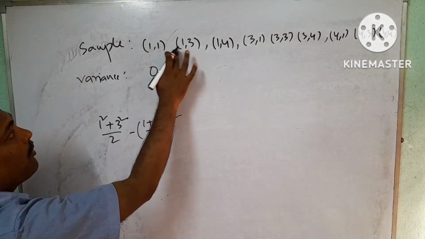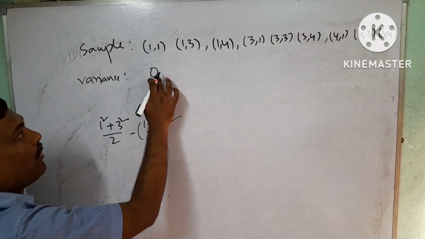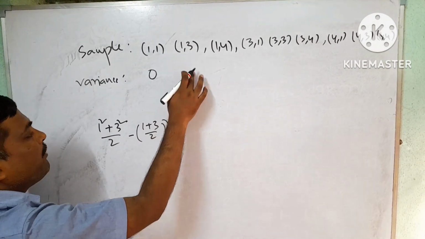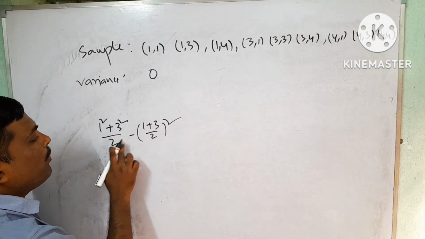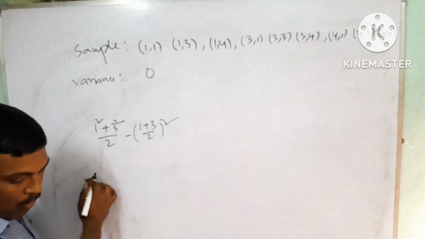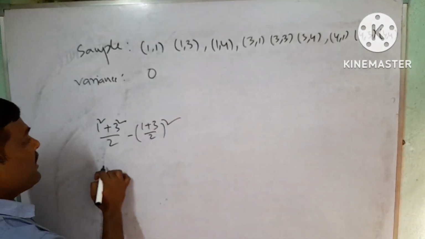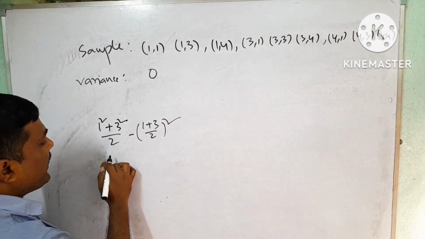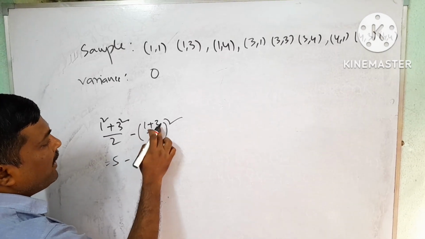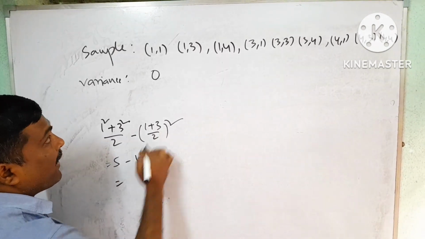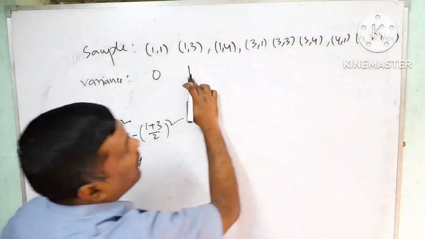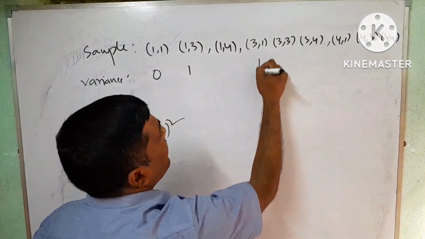That is 10 divided by 2 which is 5, minus 4, which is 1. So the variance of 1 3 is 1, and 3 1 also has variance 1.